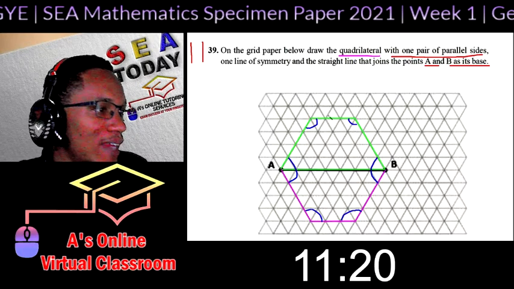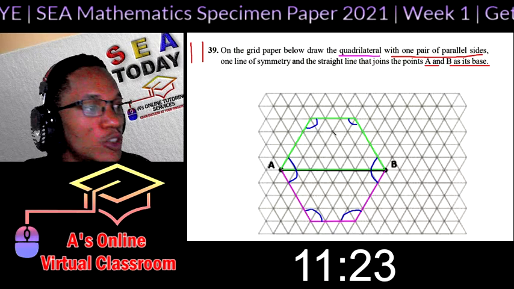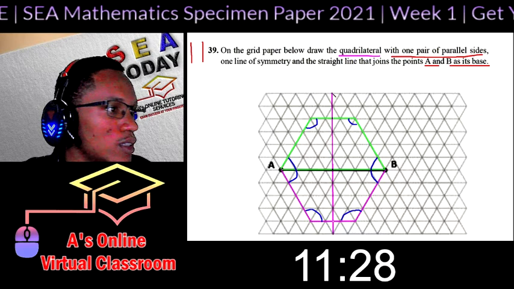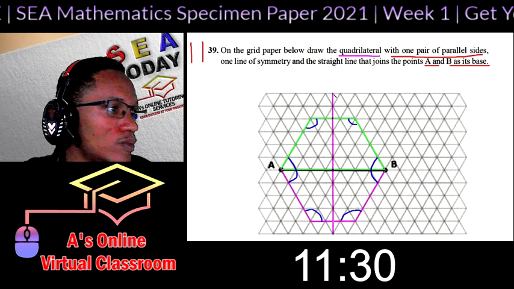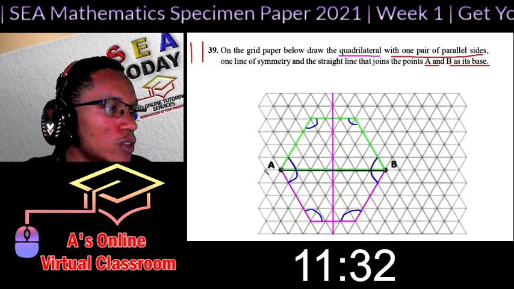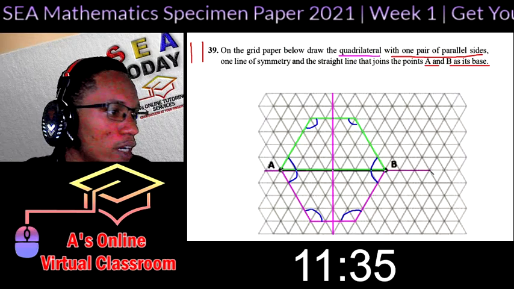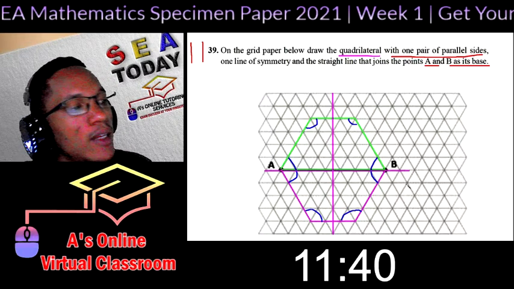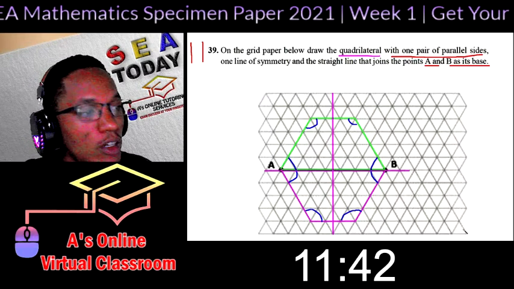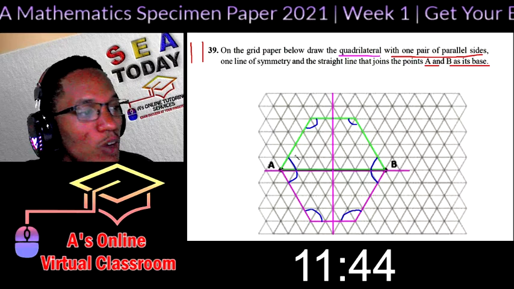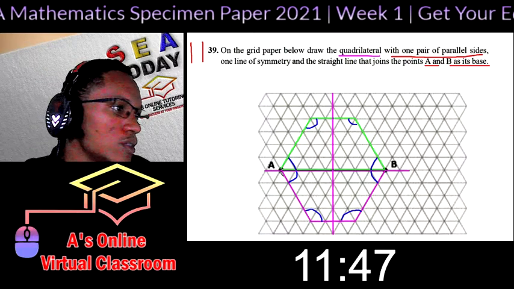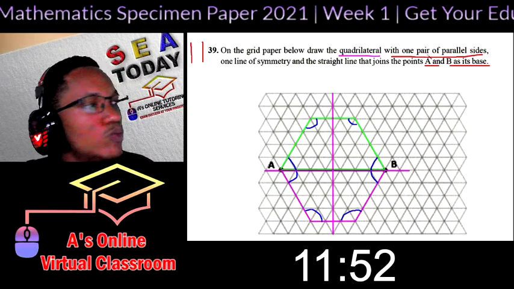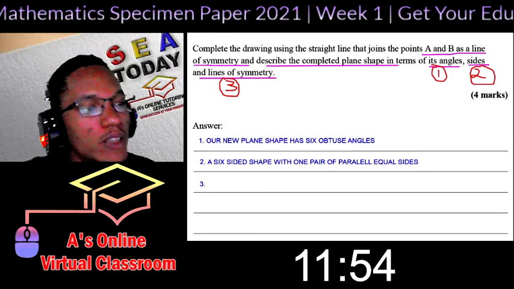So in that case, we only have 2 lines of symmetry in this shape, which would be coming straight up the center like this, right? And of course, going along the original line of symmetry that they asked us to draw along, line AB. Any other lines of symmetry going diagonal or anything like that would cause some uneven pieces on either side. So we can say there are 2 lines of symmetry.